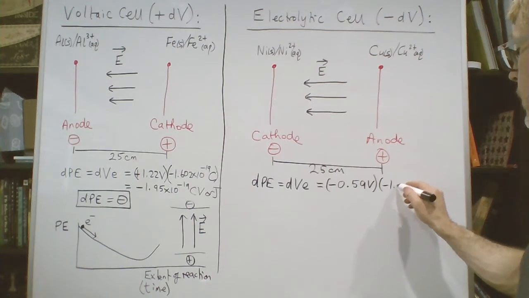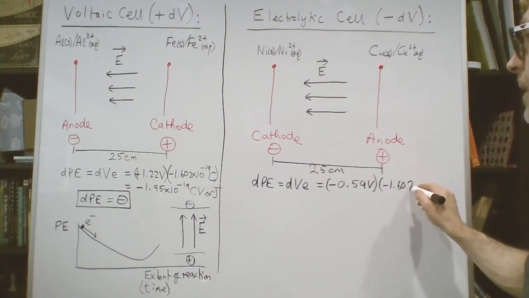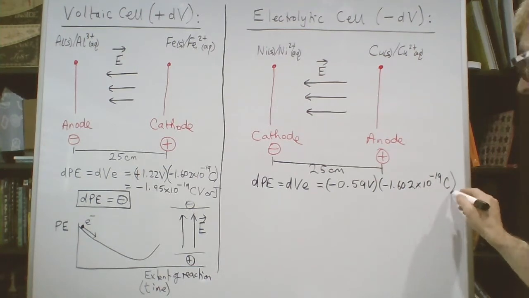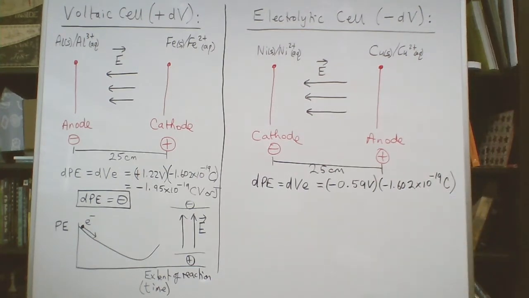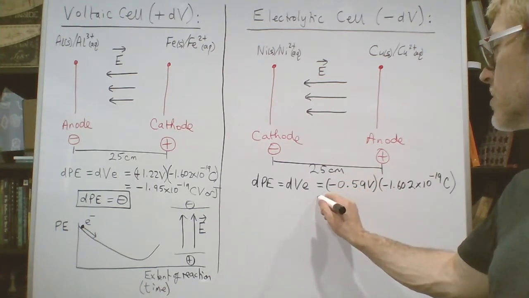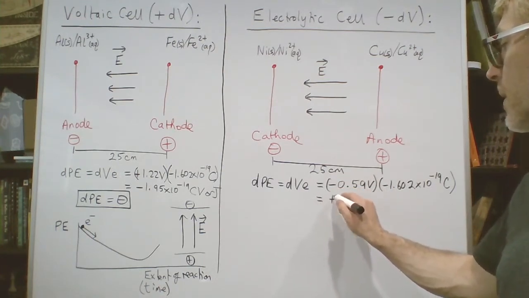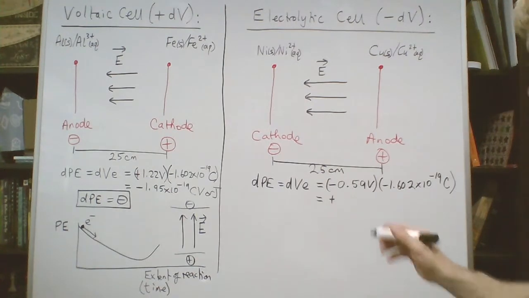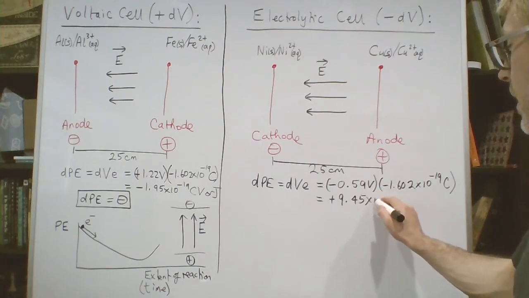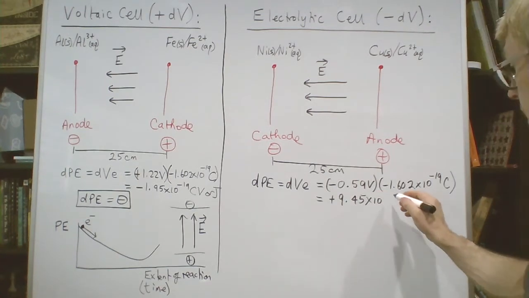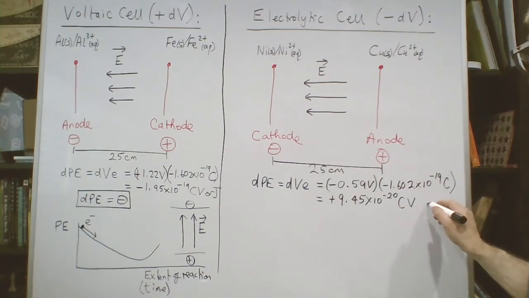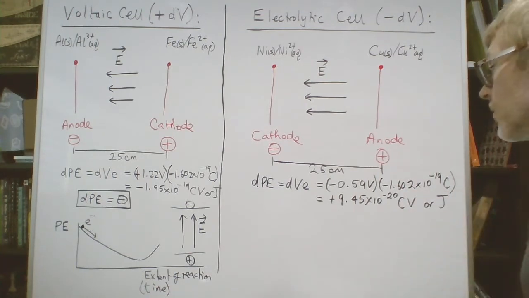Keep it simple, 1.602 by 10 to the negative 19 Coulomb. We have a negative multiplied by a negative, so we get a positive value, and it's 9.45 by 10 to the negative 20 Coulomb volts, or joules. A joule is a Coulomb volt.